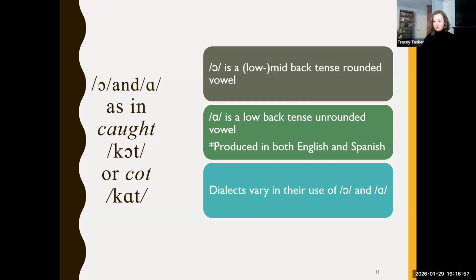Ah is produced in both English and Spanish. Now, as I mentioned, if you are from, for example, the Northeast, you will definitely have the aw sound in your dialect. It's a very popular sound. But if you are from California and you don't hear the distinction, don't worry about it when you're doing your transcriptions.